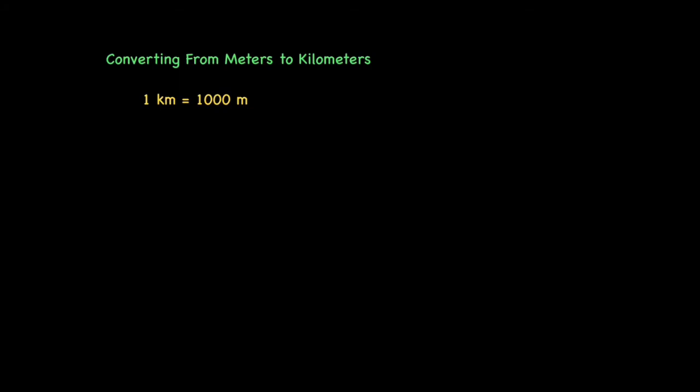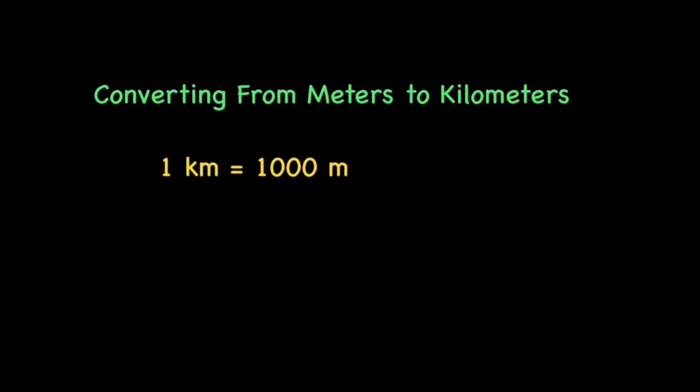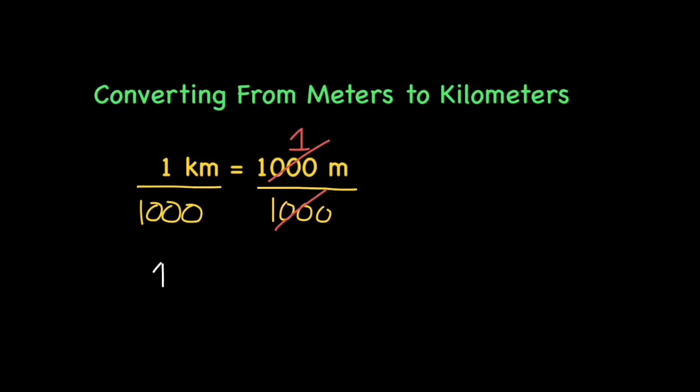To get 1 meter, we divide both sides by 1,000. And with that, we can cancel this. So this becomes 1 meter, and on the other side is 1 over 1,000. Therefore, 1 meter is equal to 1 over 1,000 of a kilometer.